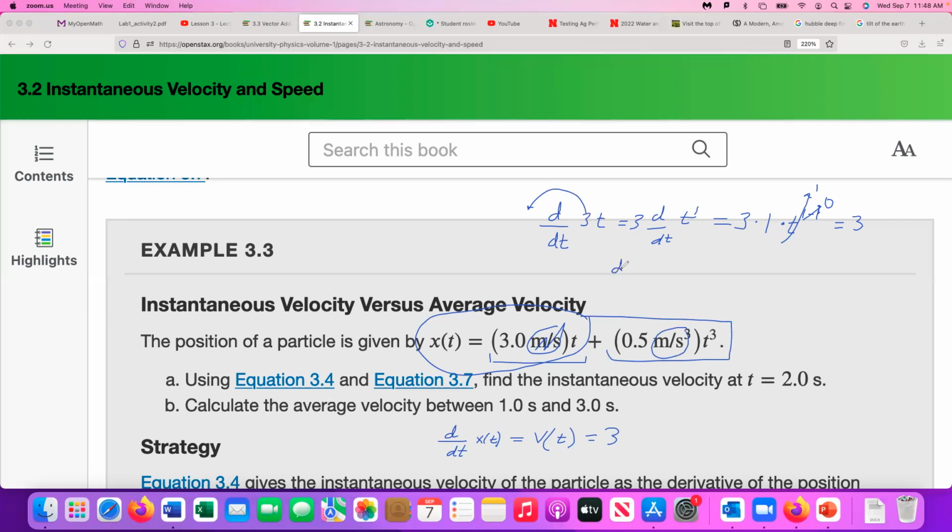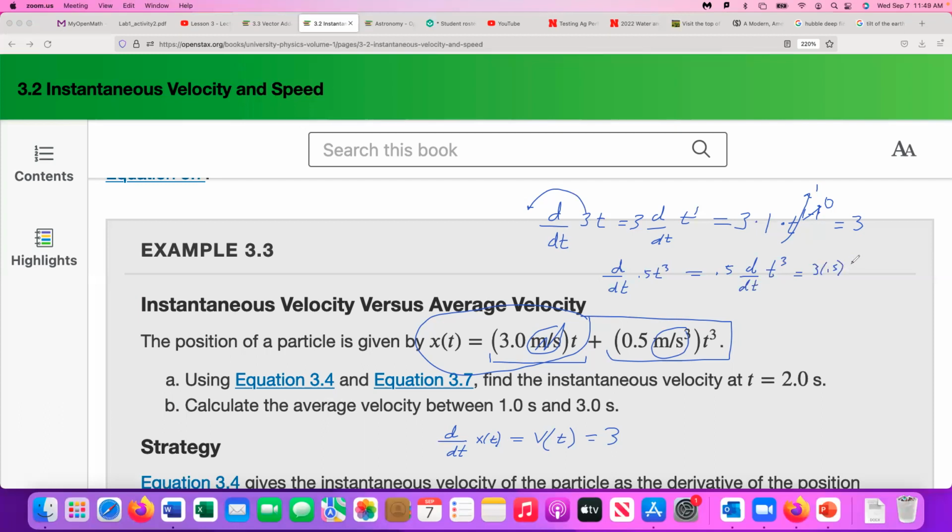So if I do d by dt of 0.5 t cubed, I do the same thing again. I pull the constant through, the constant comes out front, that's 0.5. And then I'm left with d by dt of t cubed. Remember, it's the same thing. You bring down the number that's up here in the top, bring it out in front. So that's 3 times 0.5.